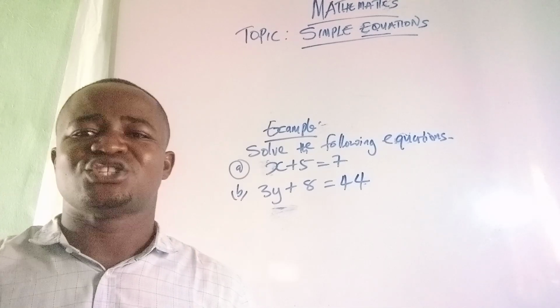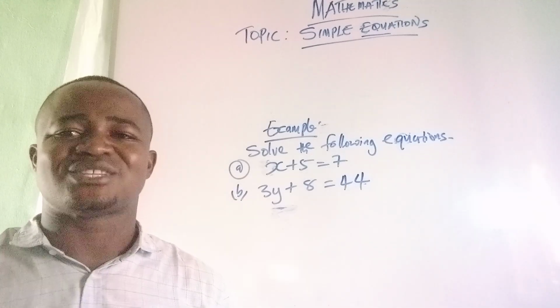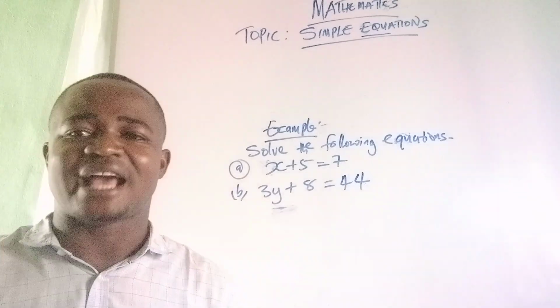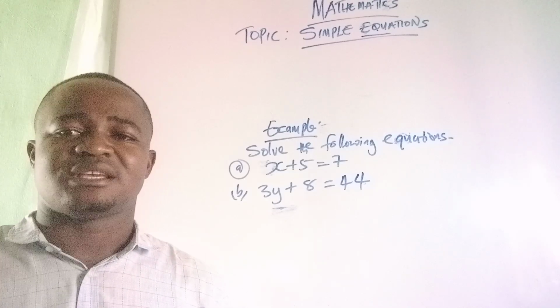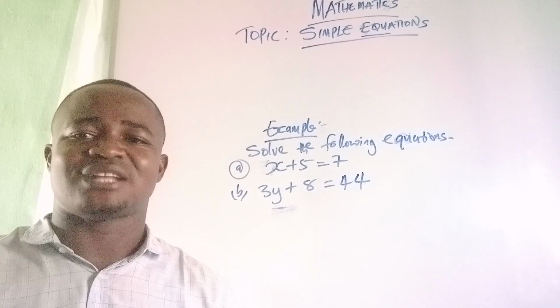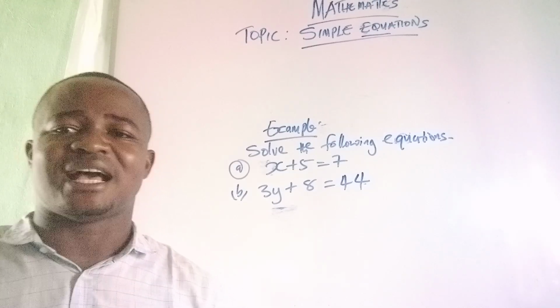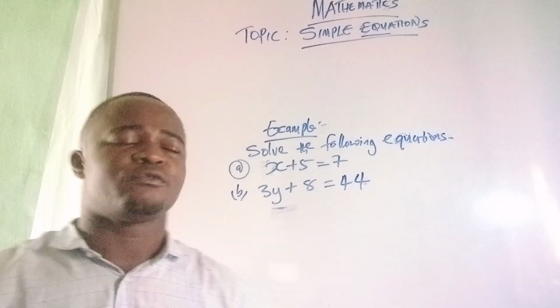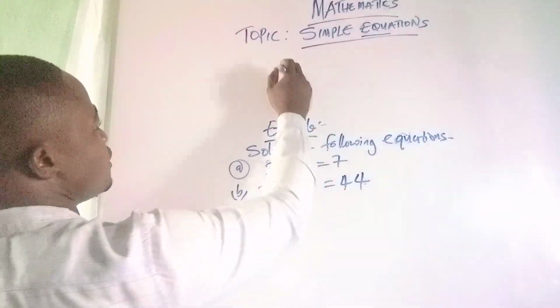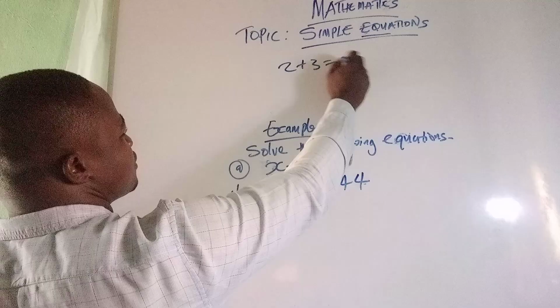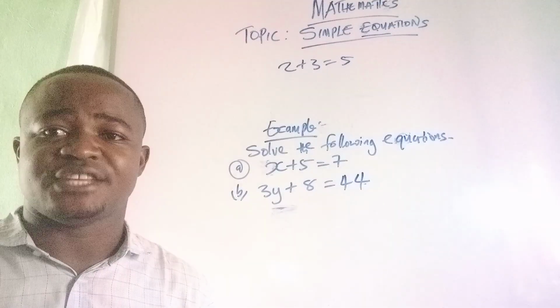So an equation is just a statement that shows that two quantities are equal. For example, if I have 2 plus 3 equals 5, this is an equation.